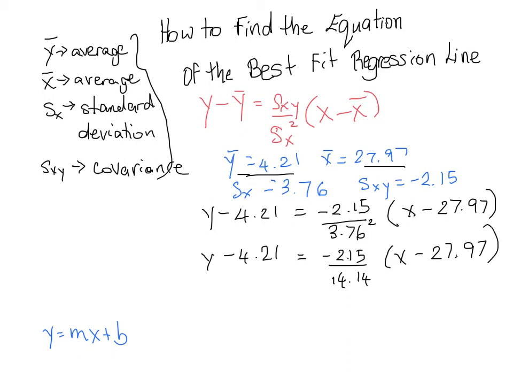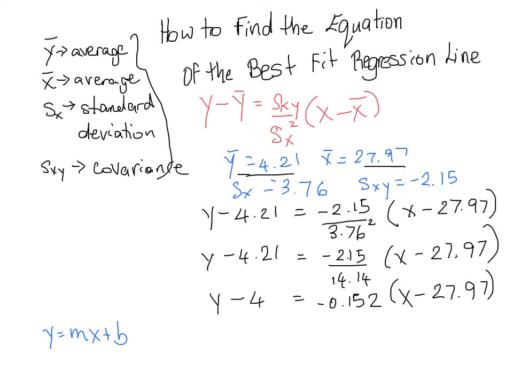Now we can simplify the fraction further by dividing negative 2.15 by 14.14. And we get a value of negative 0.152. And I'm going to just keep everything else the same.